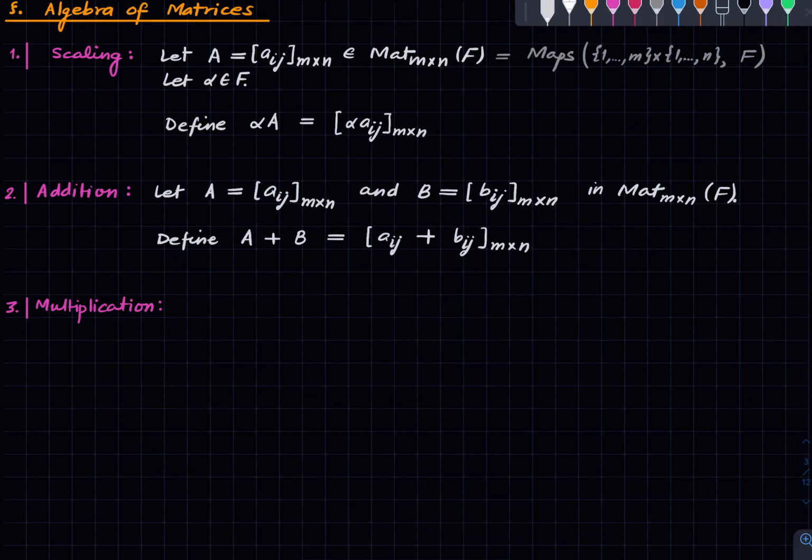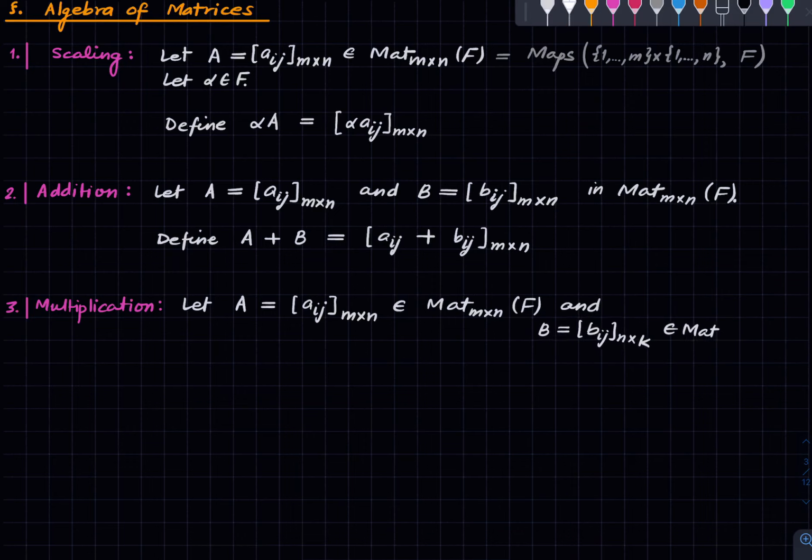So here we have two matrices. One is in this space, the m cross n matrices, and the other is in the n cross k. So m and k are positive integers in that space.